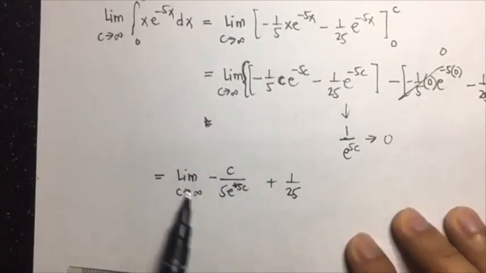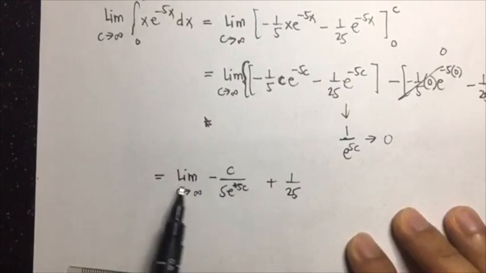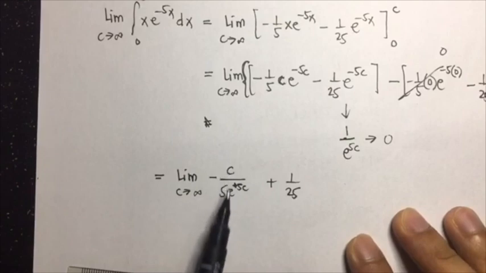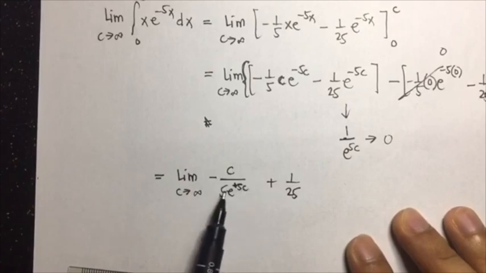So the problem here is this one, because this is indeterminate. In this form it will become infinity over infinity if we substitute the limits already, because e raised to 5c, as c approaches infinity, is e raised to infinity, and e raised to infinity is infinity.